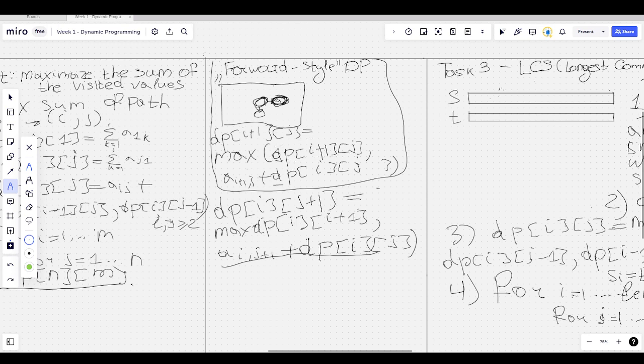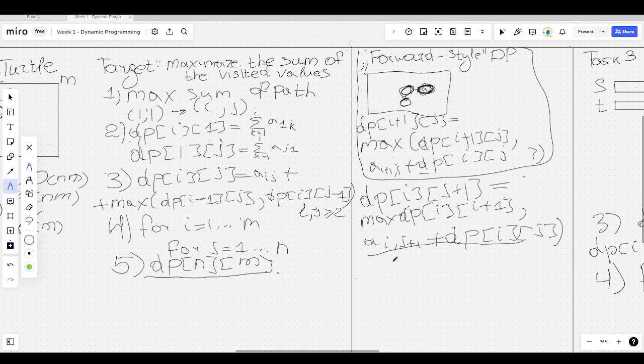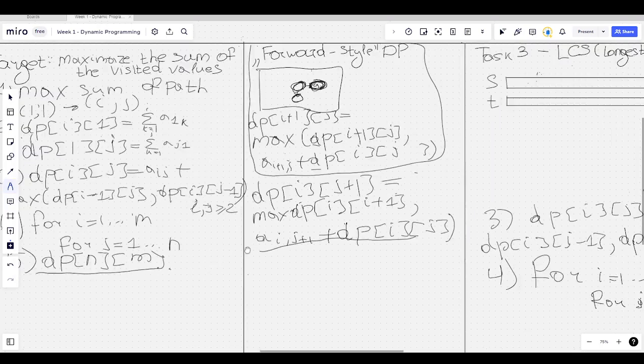Analogically in this cell, the order can be the same.